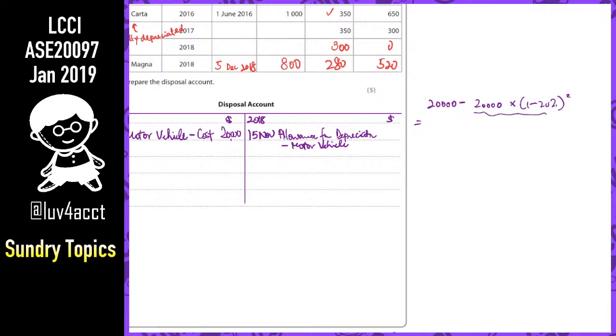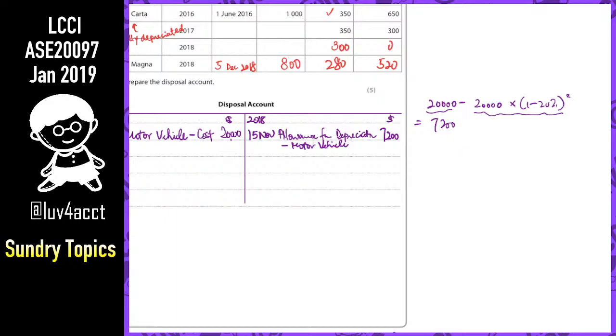This part is the carrying value after it is depreciated for 2 years. Then cost minus the carrying value gives the accumulated depreciation. So 20,000 by 2 years, and we have 7,200.